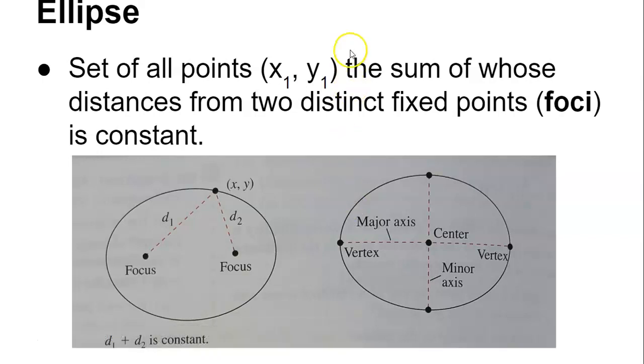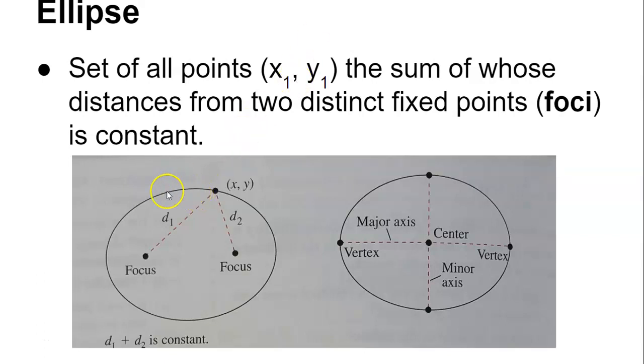An ellipse, kind of like a parabola, is based on distances. It's a distance-generated graph, basically. With the parabola, every point on a parabola was the same distance away from a focus as it was from the directrix.